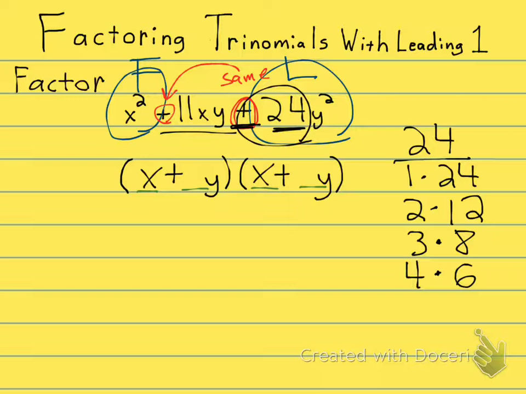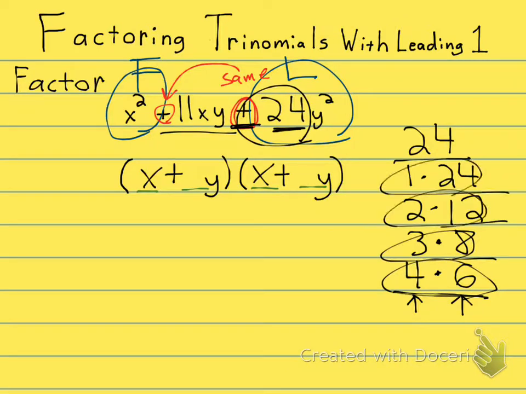Let's see, does 5 go into 24? No. And then back to 6. So when my left column meets my right column, I have all my possibilities. Okay, so let's look at them. They all multiply to give me 24, which one is going to add to give me 11?